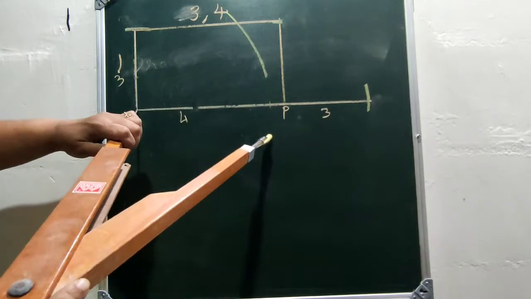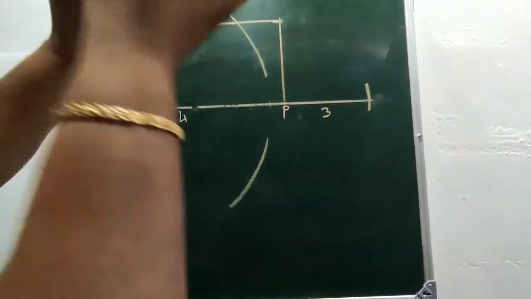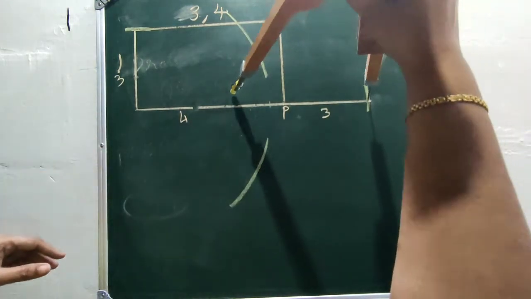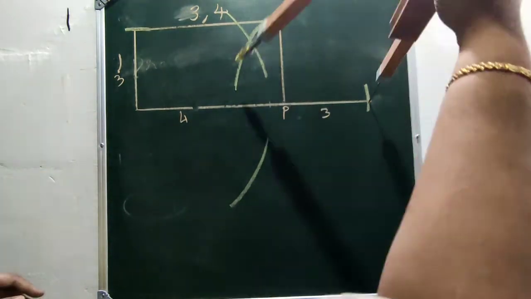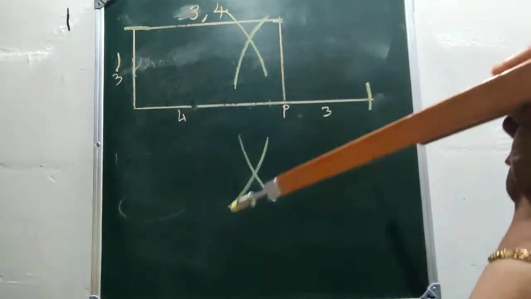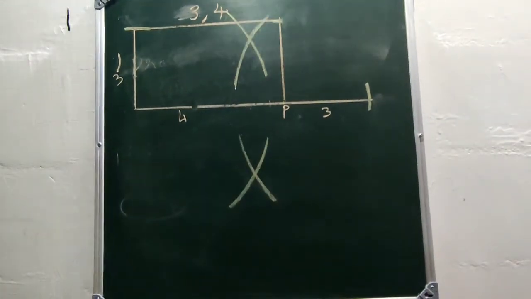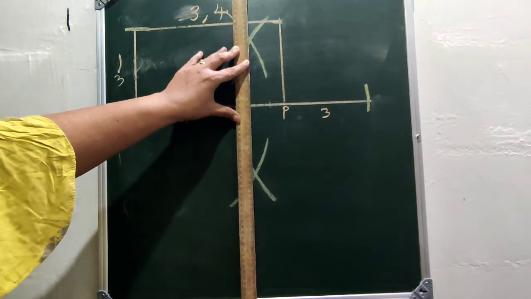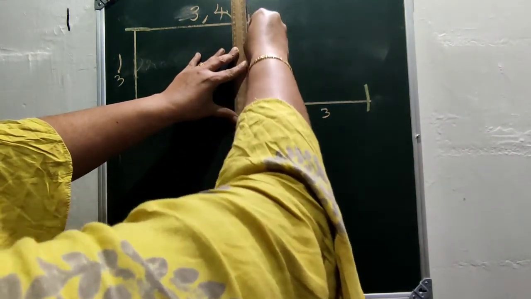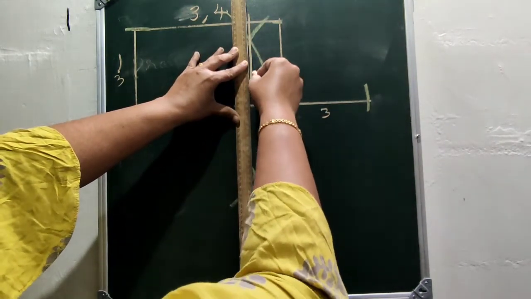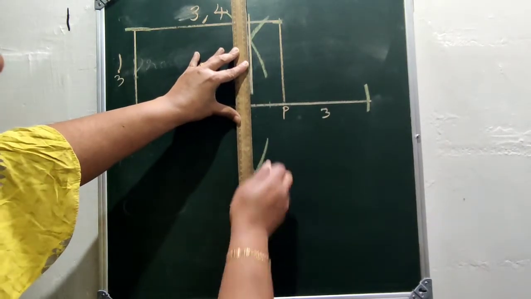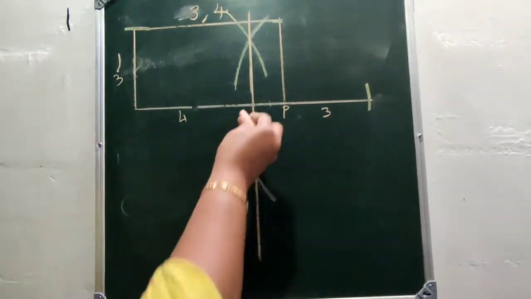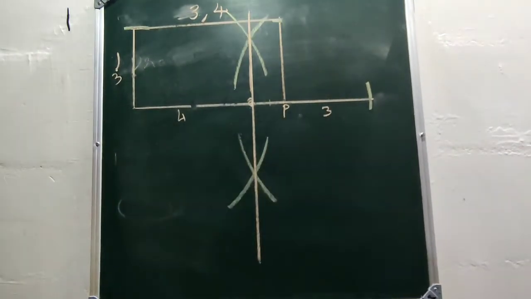Take more than half of this line on the compass and draw arcs on both sides of the line. We will get 2 points like this. Then join those 2 points, and we get the midpoint of the 7 centimeter line.